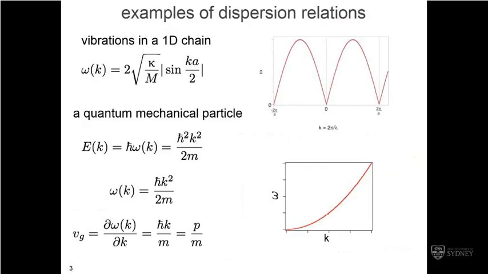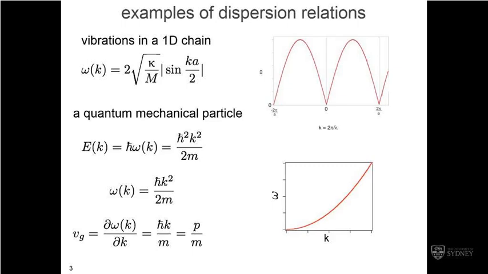This just shows some other kinds of dispersion curves. This is the one we have just talked about here: vibrations in a one-dimensional chain has this characteristic linear form for small k. Then we had earlier our energy, ħ²k²/2m, and the corresponding frequency ω can be written as ħk²/2m. And it also has its dispersion curve here, ω versus k, with this parabolic shape.